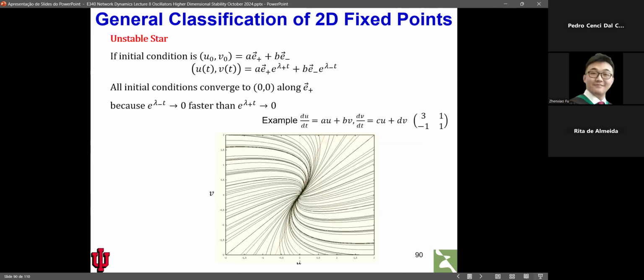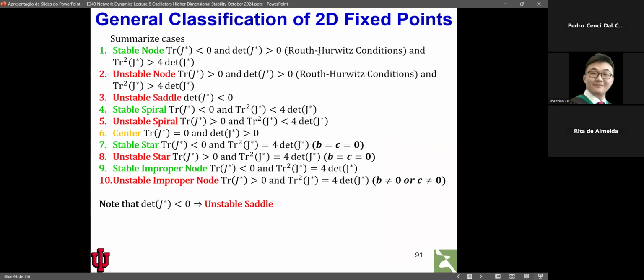And then unstable star, and then the general classification. There are lots of things to remember, but the main thing is the trace of J star really defines whether the real parts of the lambdas are going to be less or larger than 0.